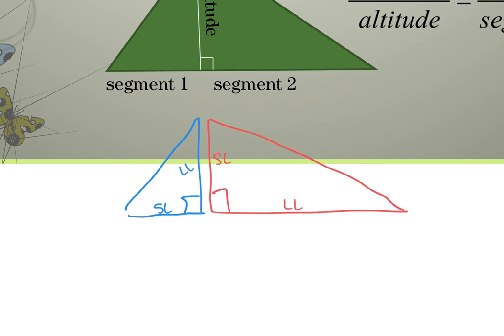So let's set up a proportion, okay? Our shorter leg here is proportional to the shorter leg of this triangle. Agreed? So we're going to say in blue, our shorter leg over the shorter leg of the red triangle creates a proportion that should be equal to the longer leg of the blue triangle over the longer leg of the red triangle.